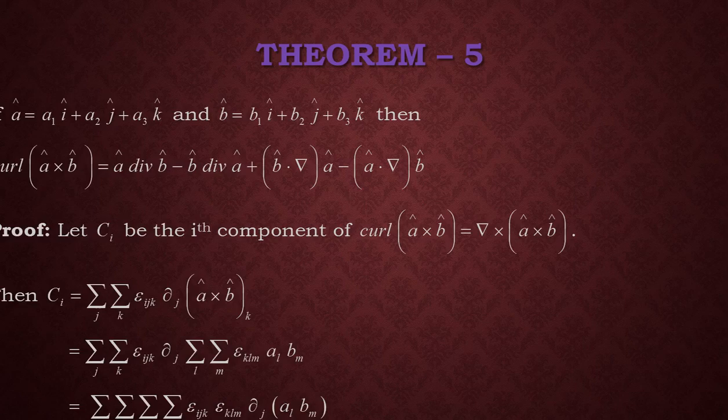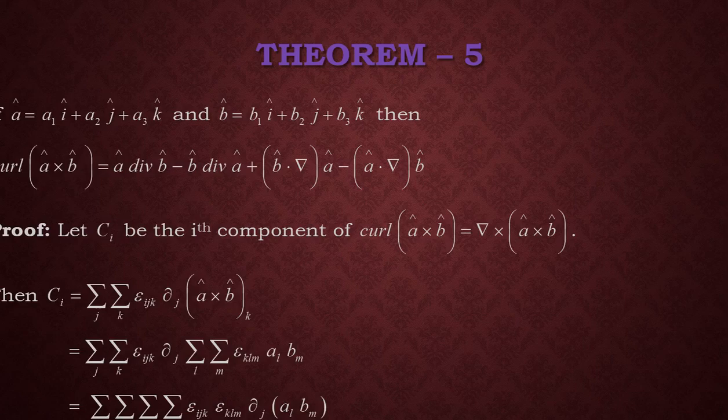Here we have to send the partial derivative dou suffix j inside and we have to differentiate a_l b_m partially with dou j. We can also write all the summations together.